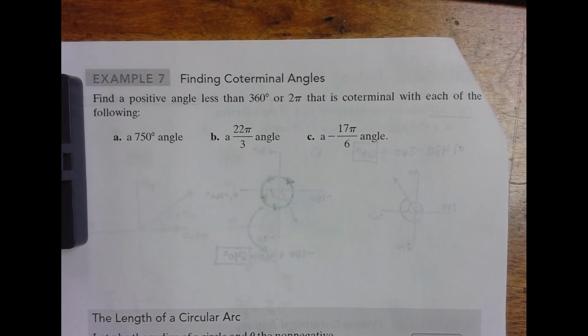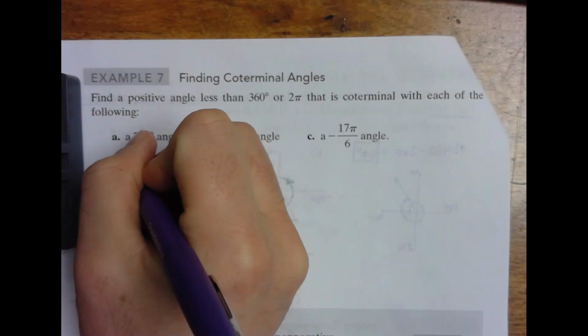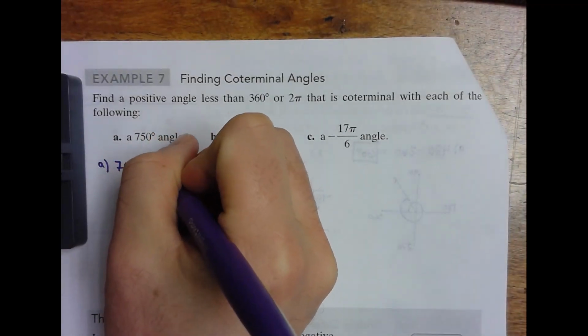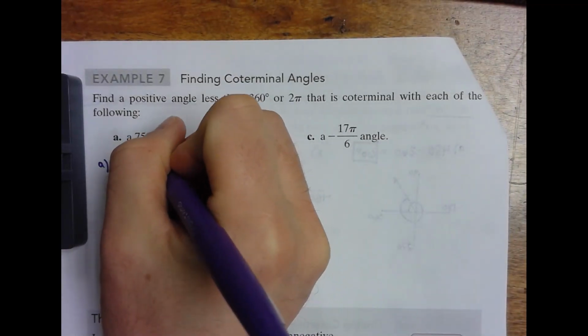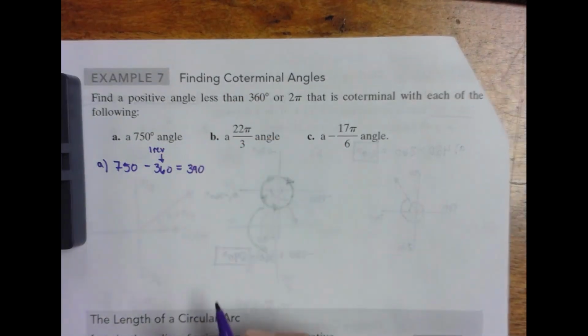And so we can go about it the exact same process of what we did before, where we can just subtract away 1 revolution at a time. And so if I go 750 and minus the 1 revolution, which is 360, I get 390. And 390 is still greater than 360.